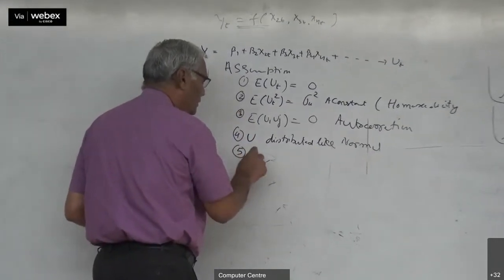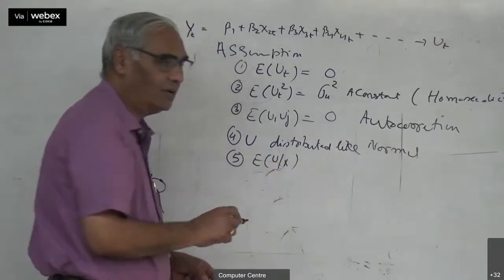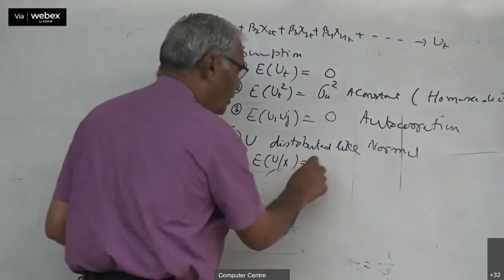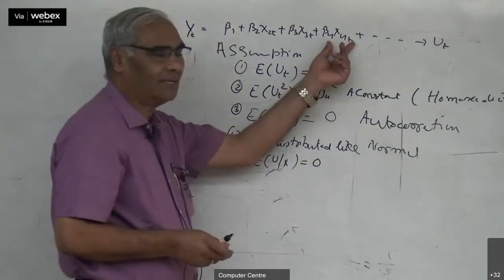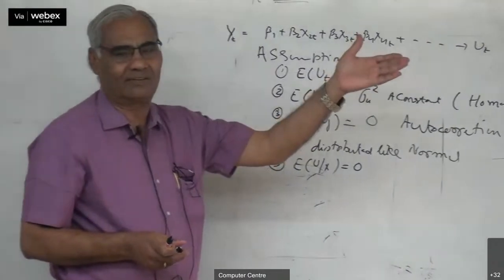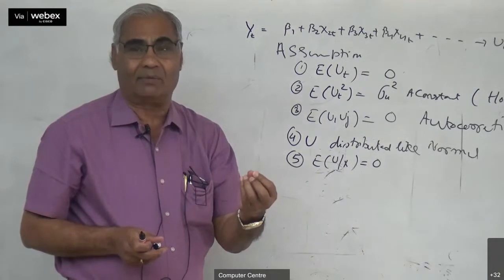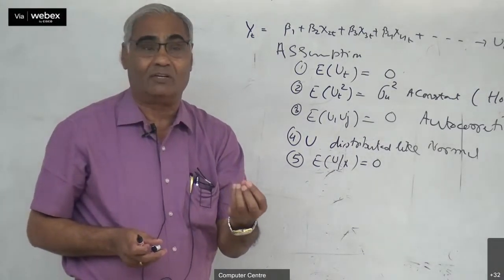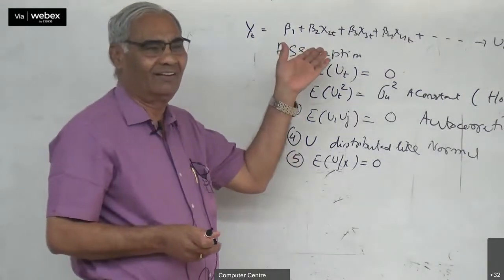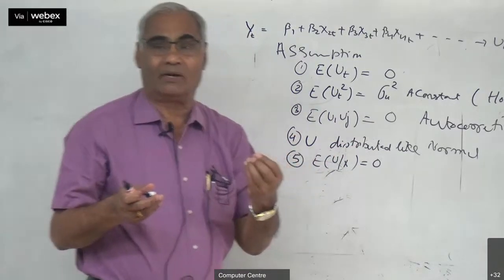Two more assumptions. The expected value of U with respect to different values of X is equal to 0. It means U doesn't have any correlation with the independent variable. If there is a correlation between the independent variable and the error term, then the error term and that independent variable will jointly affect this one, and we will not be able to isolate the impact of each independent variable.